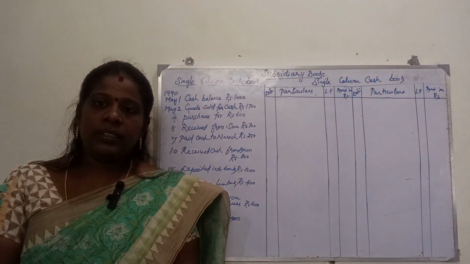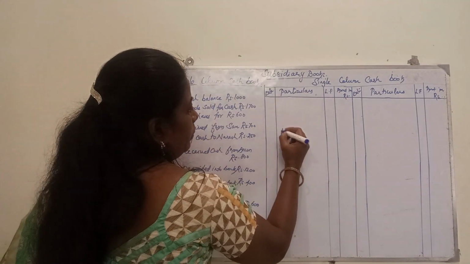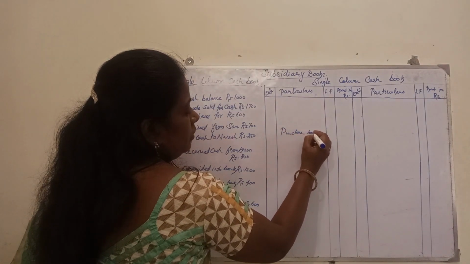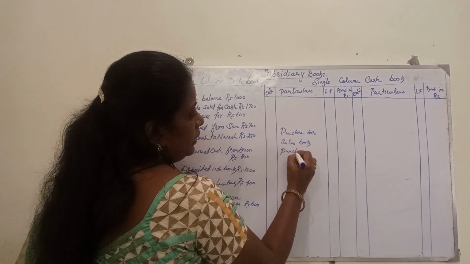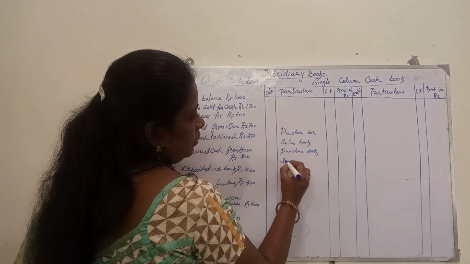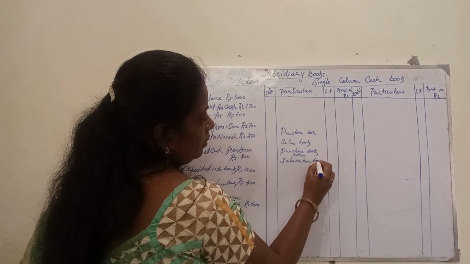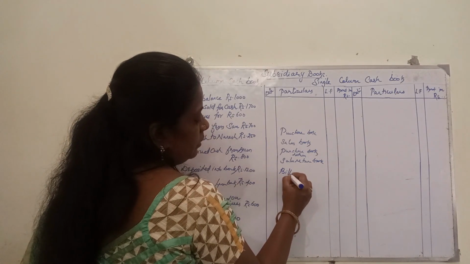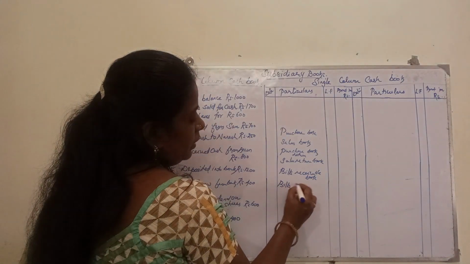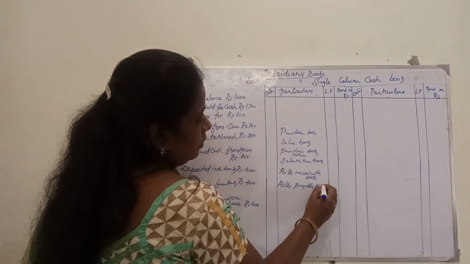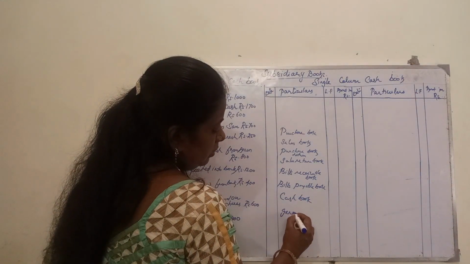So what are the kinds of subsidiary books available? That is purchase book, sales book, purchase return book, sales return book, bills receivable book, bills payable book, cash book, and general book.